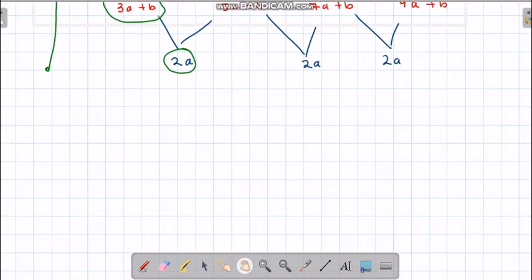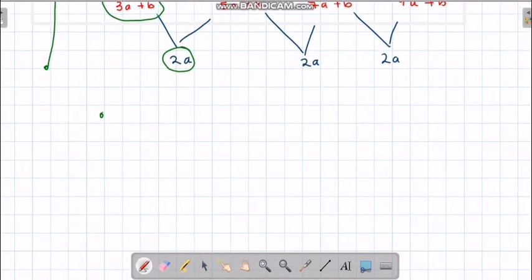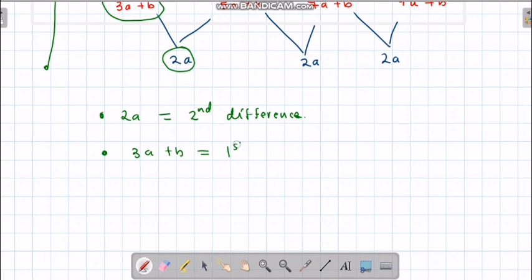Okay, so now let's check bullet number 1. This 2a, you equate to your second difference and solve for a. Bullet number 2, your 3a plus b, you equate to the first term in the first difference.